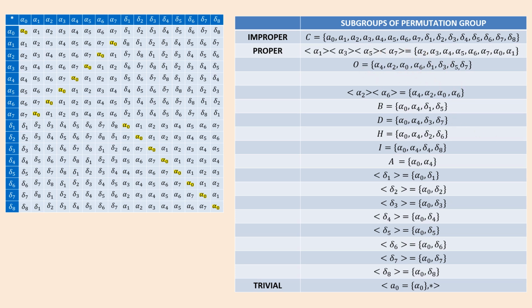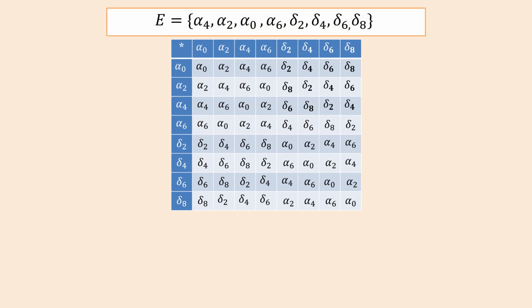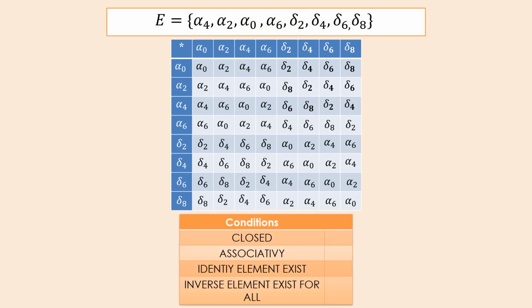Next, let's check if E is a group structure. Let's check if it is closed, associative, has an identity element, and an inverse element for all. Since the resulting elements are inside the set E, this table is closed under the binary operation star.